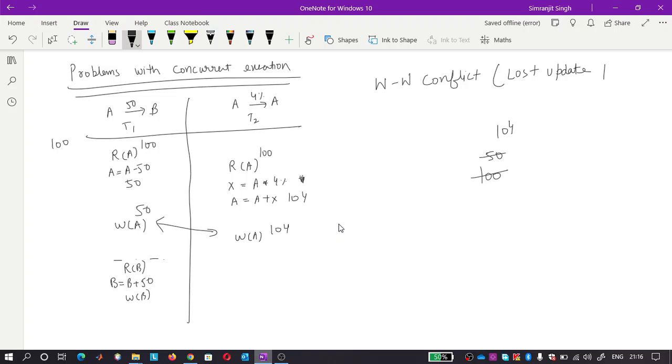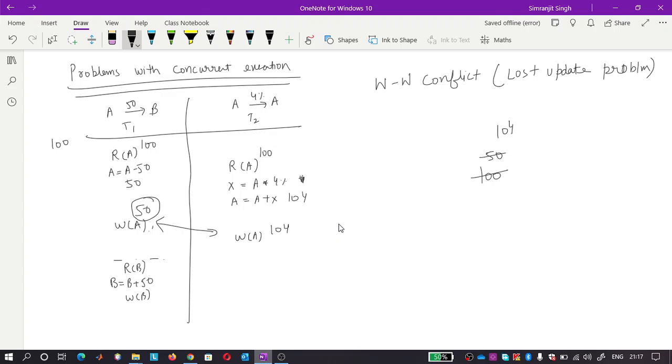What is happening here is that you have taken the value of A and changed it to 50, and it is again rewritten or changed by transaction T2 to 104. So this particular update is not persisting. It is quickly overwritten by another transaction. When write operations happen in quick succession, this is referred to as a write conflict.